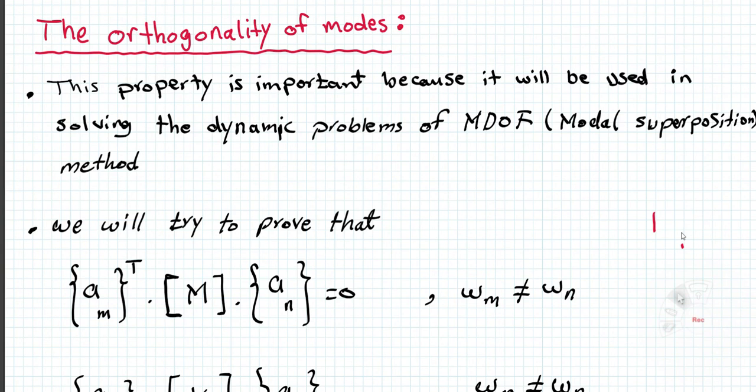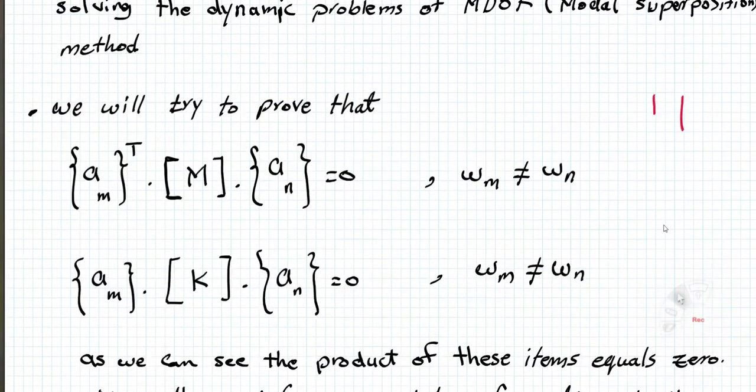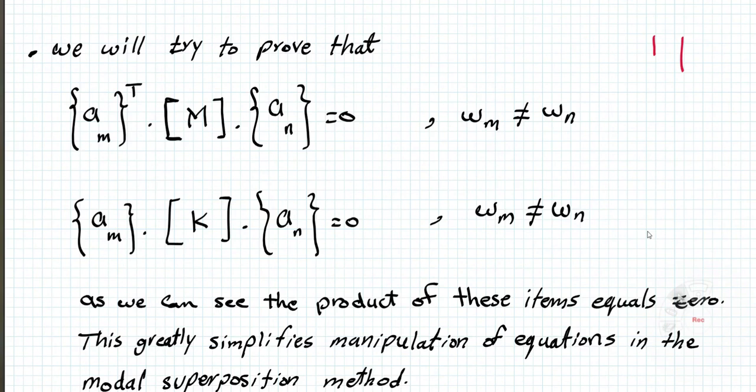Okay, and with this condition, we have another important condition that is commonly used also, which is related to the stiffness matrix in this case, which is K. We want to prove that AM, in the same sense, AM transpose, I forgot to put the transpose here, times the stiffness matrix, times AN, the vector of another mode.